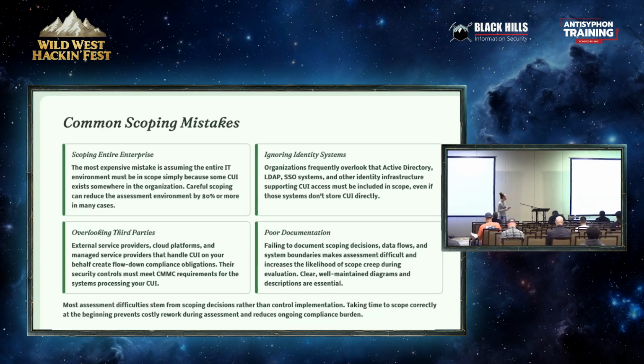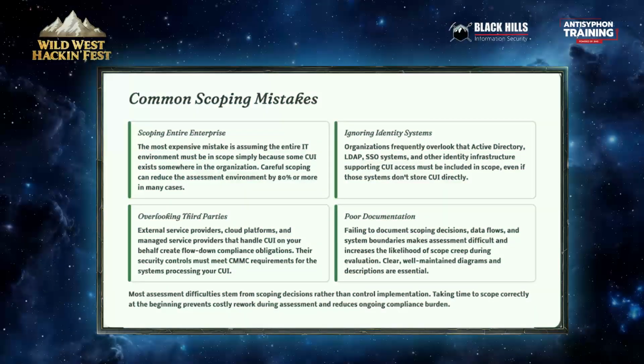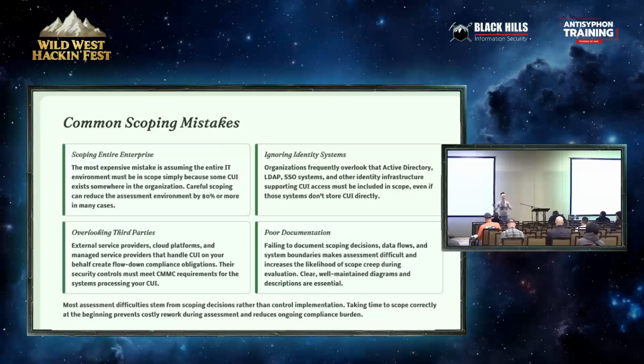And then poor documentation. Why did we scope the way we did? So I will tell you that my company, we use BitSight, absolutely. Security Scorecard is very similar. They're kind of a competitor. If you're not familiar with BitSight, it's a tool that basically does an external look at a company. Everything from have they been involved in a security breach to do we see them actively connecting to honeypots, so it looks like they have some compromised systems on their network, as best they can tell through scanning.